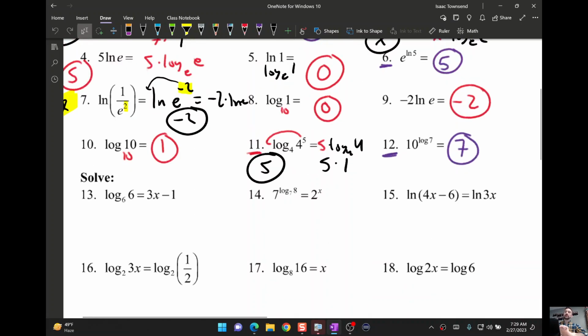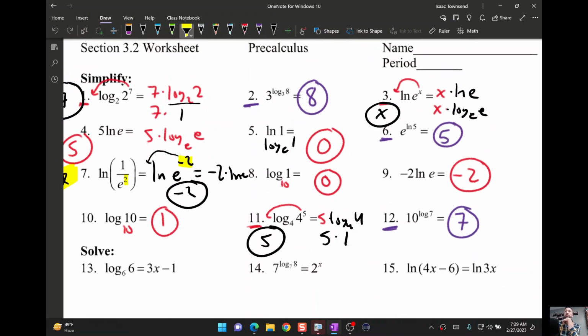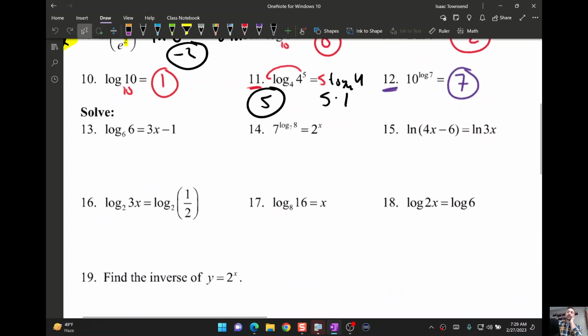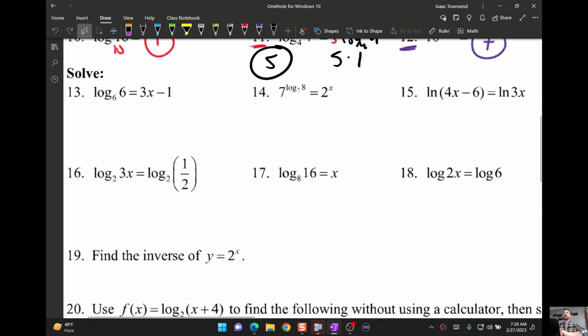So taking basically what we did in questions 1 through 12 to simplify this and make it look much more manageable. 2, if both sides of an equation have the same type of logarithms already, then that part's already balanced out. And 3, the hardest ones would be switching forms. If you have something in logarithmic form, sometimes you want to switch it to exponential form. If you have something in exponential form, sometimes you might want to switch it into logarithmic form.